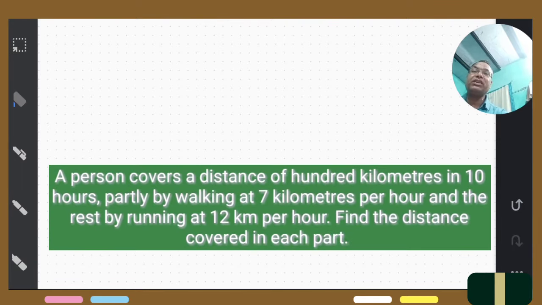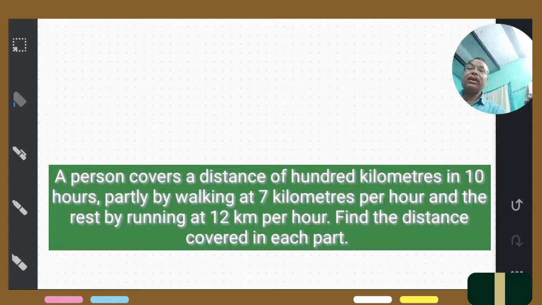Here is our next question. A person covers a distance of 100 kilometers in 10 hours, partly by walking at 7 kilometers per hour and the rest by running at 12 kilometers per hour. Find the distance covered in each part.